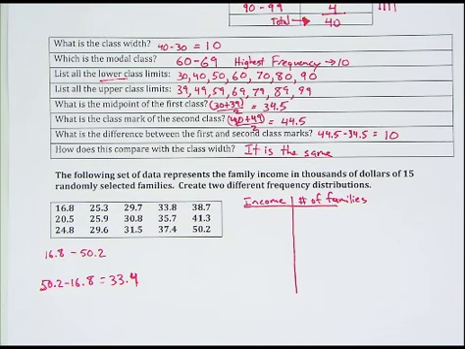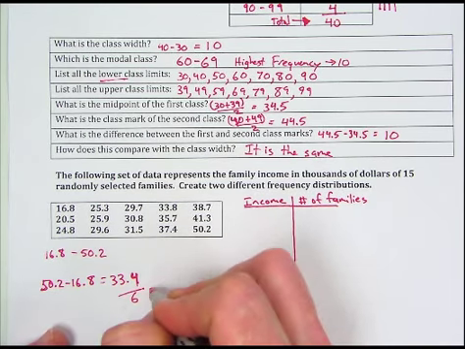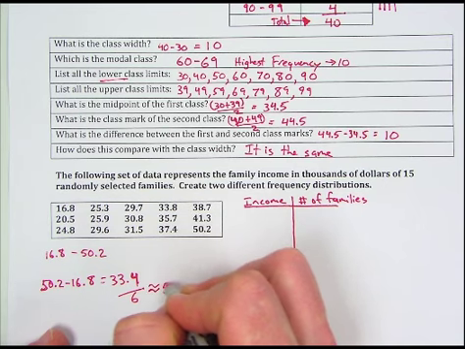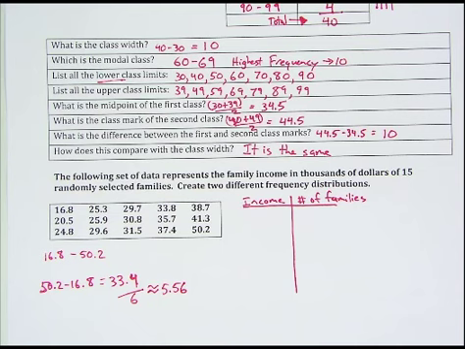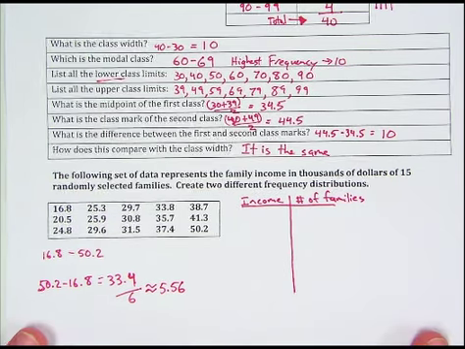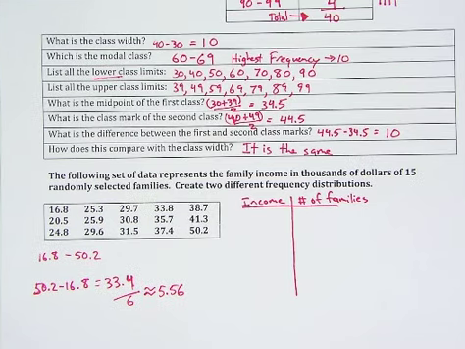Let's just say we want to have 6 classes. So if we divide this by 6, it's going to give us a number, 5.56. So we know we need to pick something around that. So why don't we just pick 5.5? Why not?